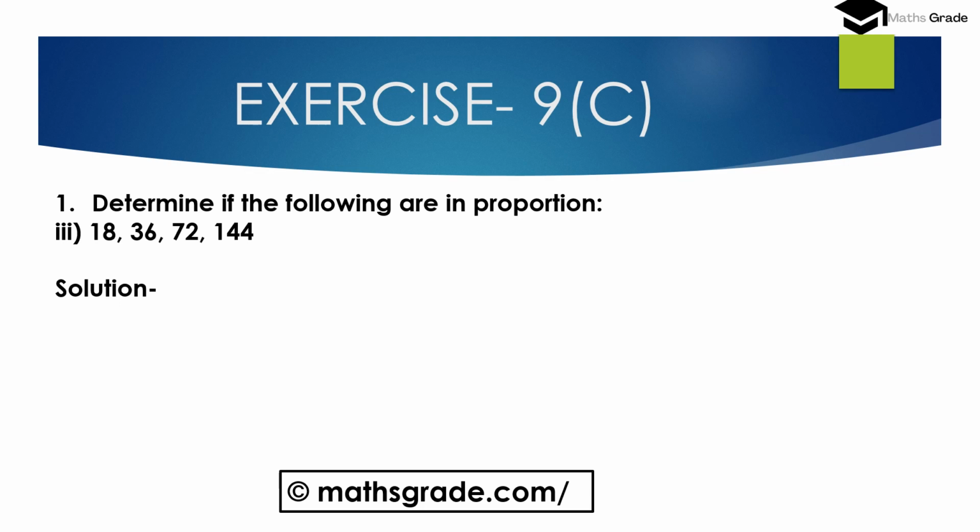Now third bit: 8, 18, 36, 72, 144. These are the numbers given and we have to check whether the following numbers are in proportion or not.